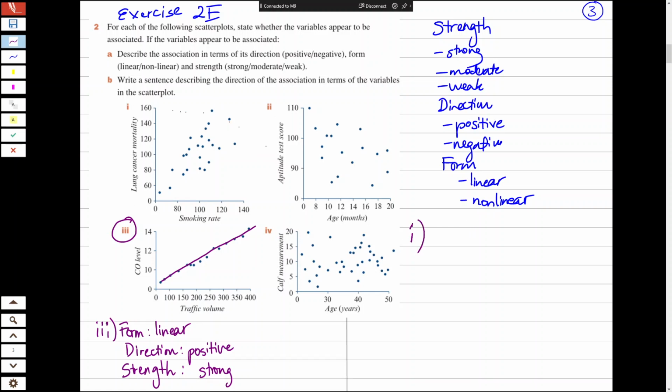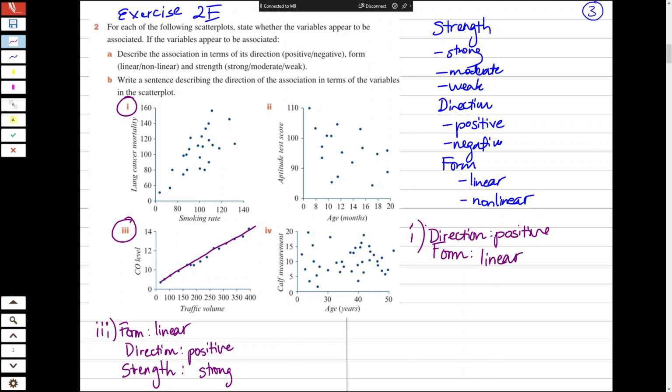All right, let's do part 1 now. Okay. Let's start with direction. Yep. Because on average, when x goes up, y goes up. Form. Yeah, so I think it's linear.